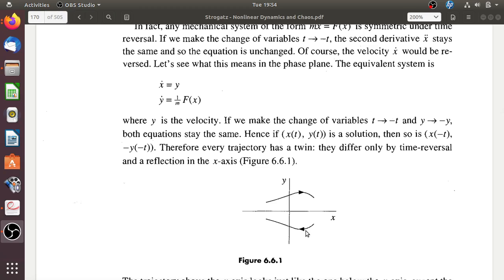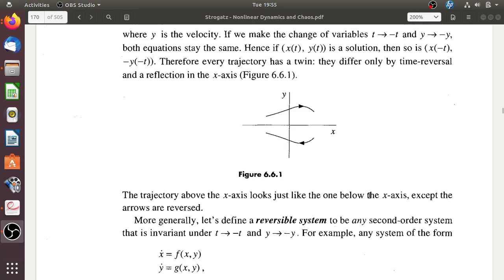So the advantage of reversible symmetry is that once I have identified one side of the phase portrait, all I have to do is mirror that part with respect to the x-axis and then change the direction. That's how we can complete the phase portrait.